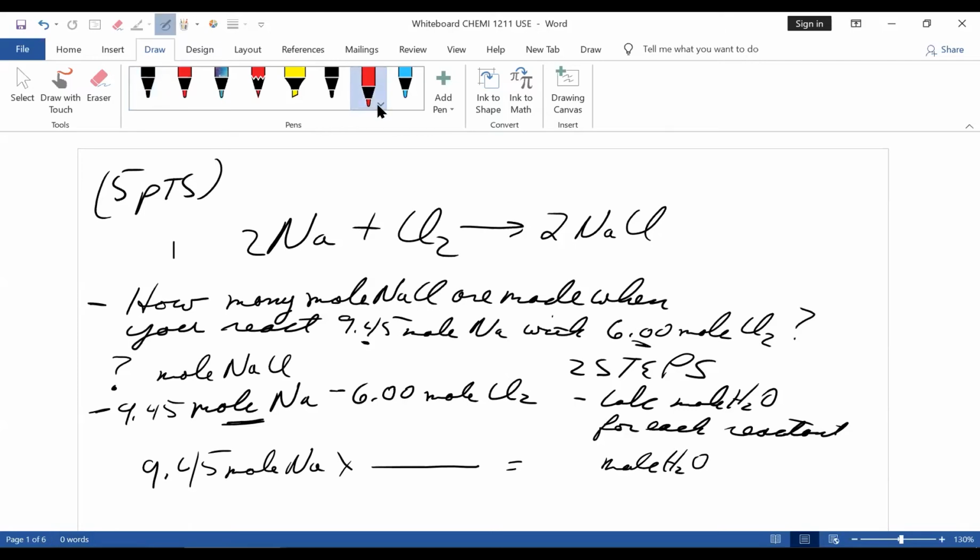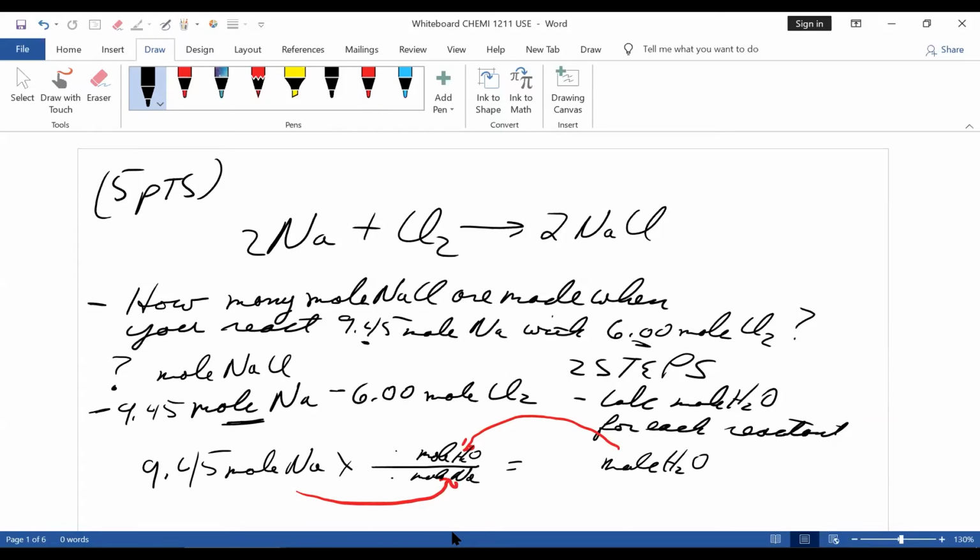We use unit analysis. Whatever we're trying to get to goes on top. Whatever we're trying to get rid of goes underneath. Where do we get this? Put the units in. Here I have moles water. Here I have moles sodium.